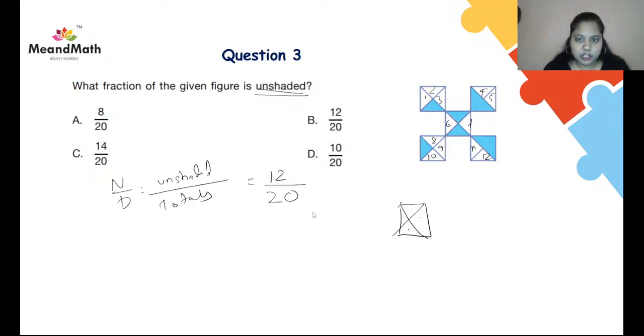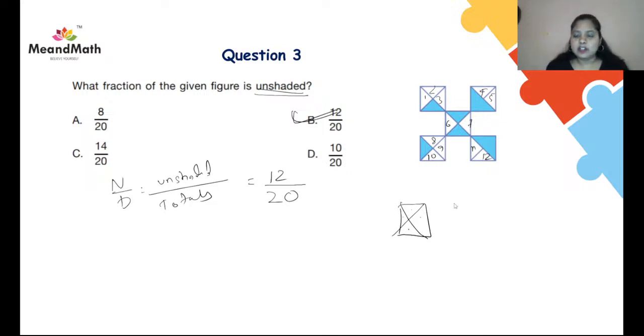So which is the correct option? Option B. So let's see who has answered it correctly. Okay, nice. All of you who have tried it, very, very nice. Anusha has answered it, very good. Pooja has answered it, very good.